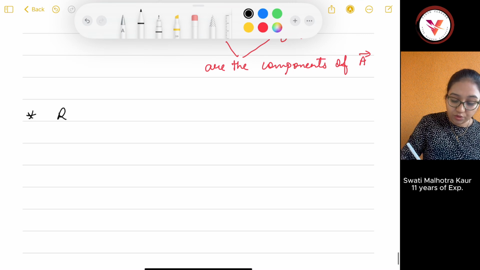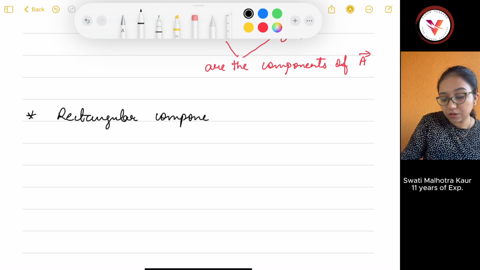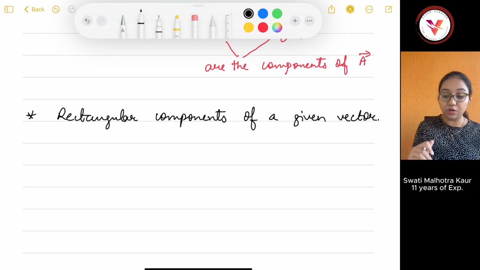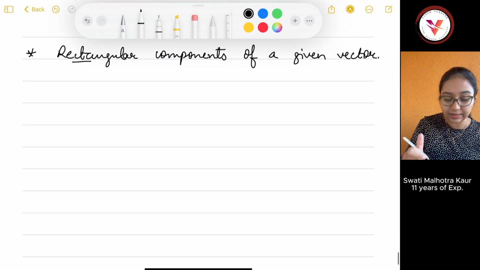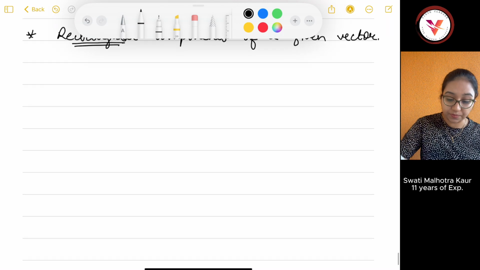If we move to the rectangular components of a given vector, you can understand that rectangular means they are perpendicular to each other.